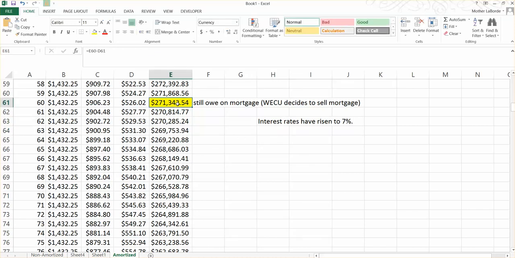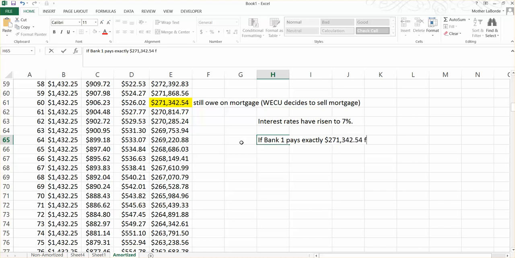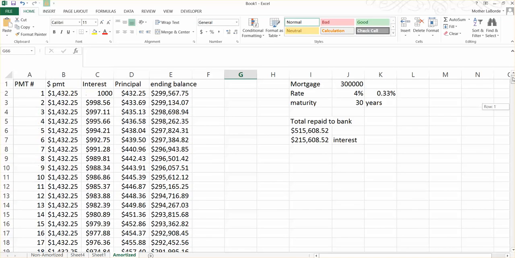If another bank, let's say Bank One, that'll be my lovely name for a bank, pays exactly $271,342.54 for the mortgage, then they're only going to earn 4% a year. And where did I get that 4%? From up here.